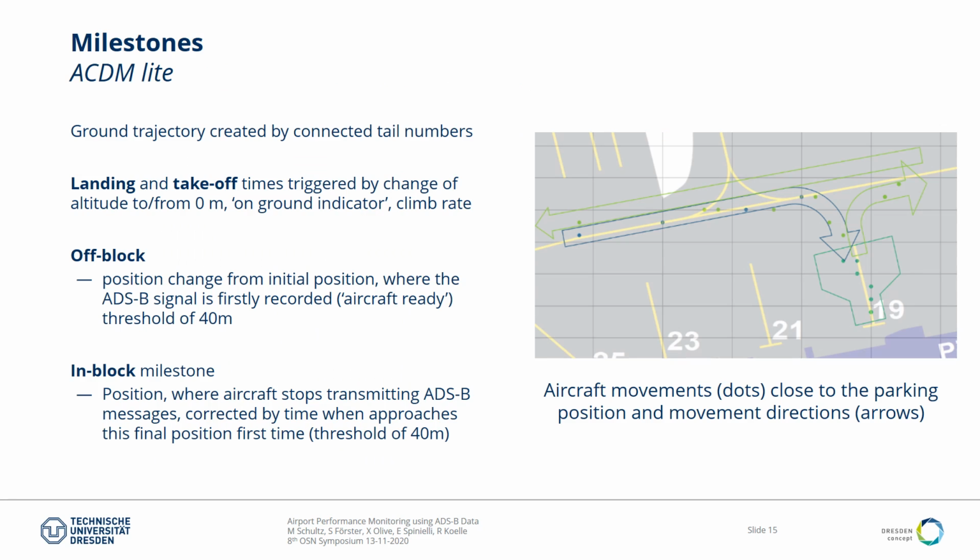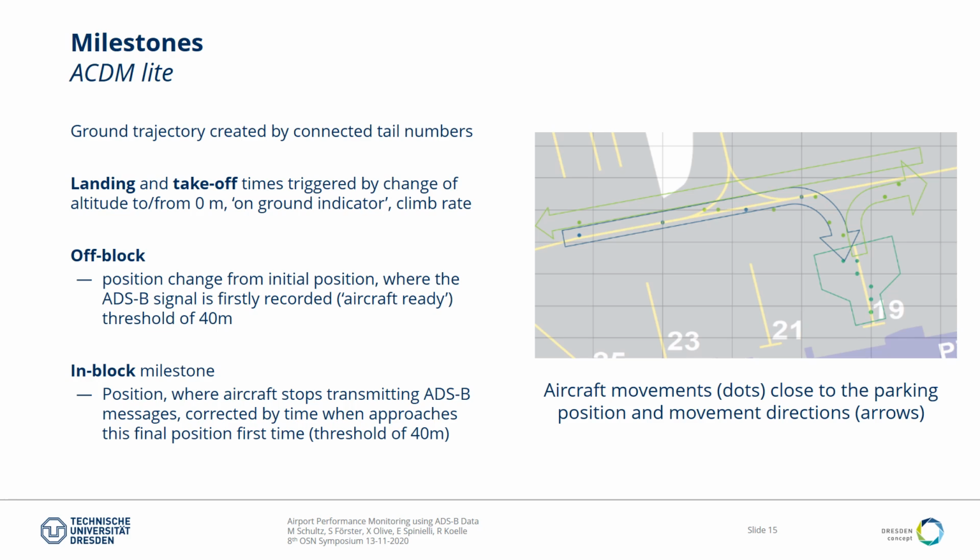From the data available, we try to provide the necessary timestamps for the A-CDM milestones. Some of them were easy to detect. For example, landing or takeoff, you just see that the height is changing from a given level, and you see some climb or descent values, so you can easily take this.